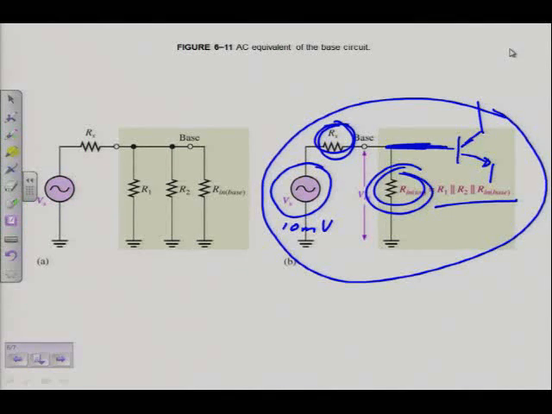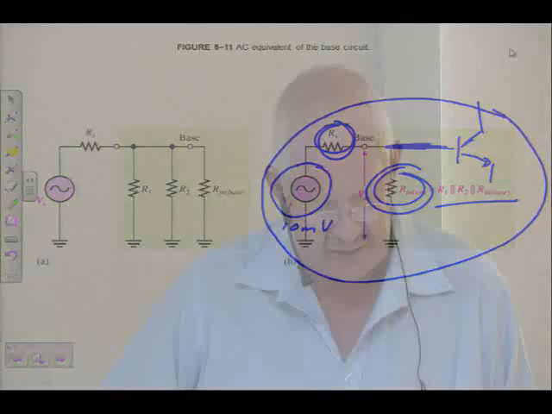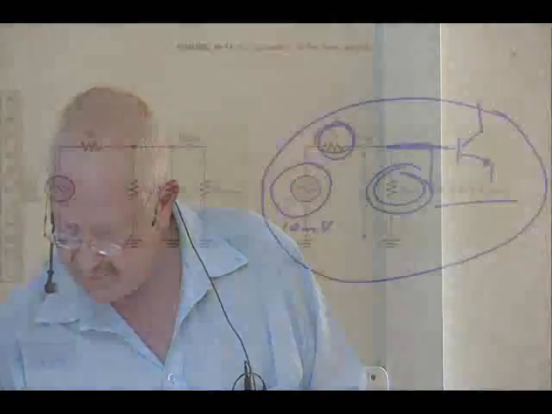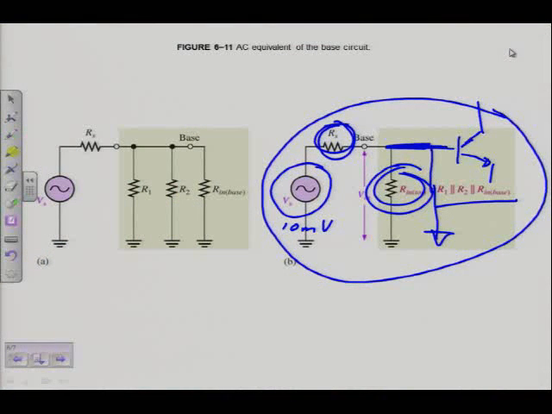Just below figure 6-11, as you can see in the figure, the source voltage is divided down by RS, the source resistance, and R in total, so that the signal voltage at the base of the transistor is found by this formula. Remember, lowercase letters are AC voltages: V small b is equal to R in total. Remember, I want the voltage between base and ground.